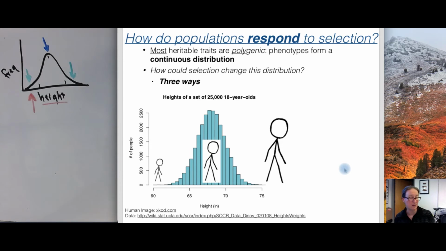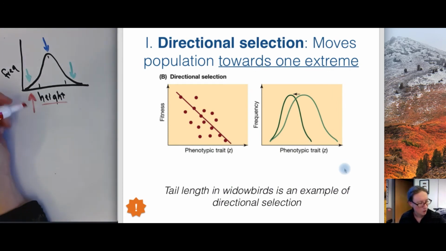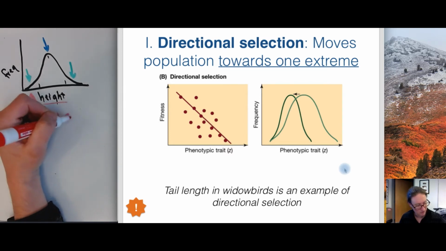So it might be bad to be extreme, it might be better to be somewhere in the middle. Okay, so these different forms of selection have different names. So this first case that I gave here is referred to as directional selection.